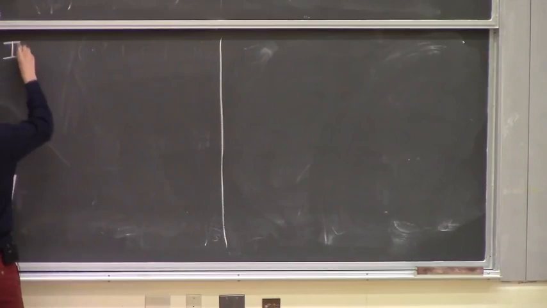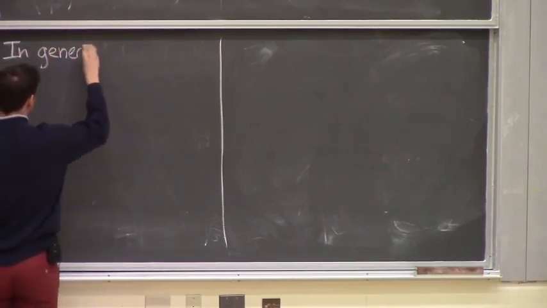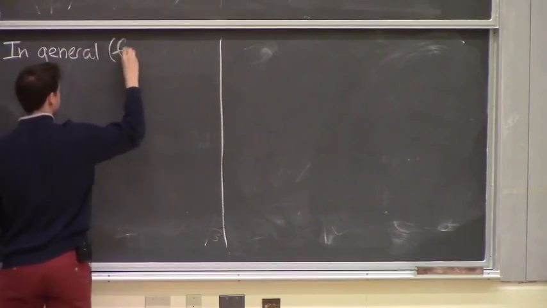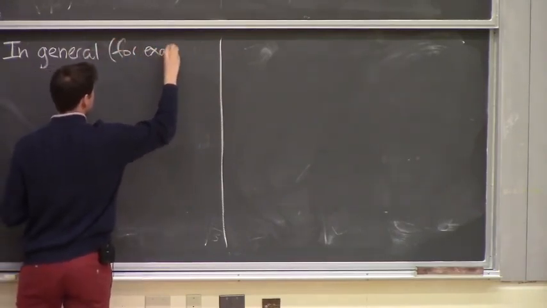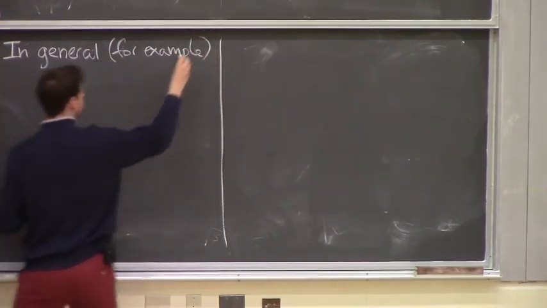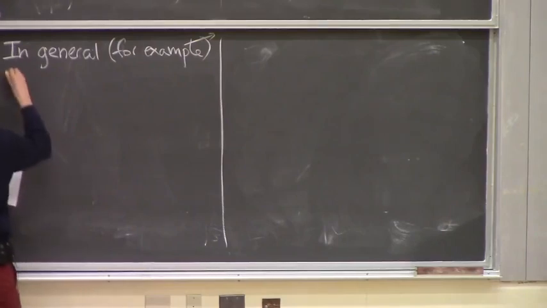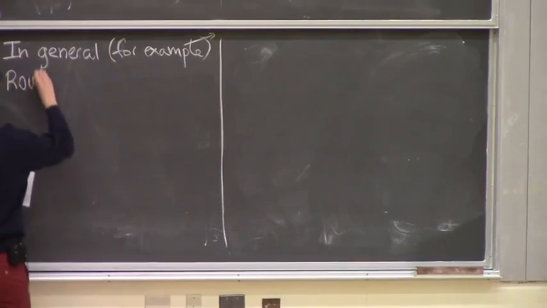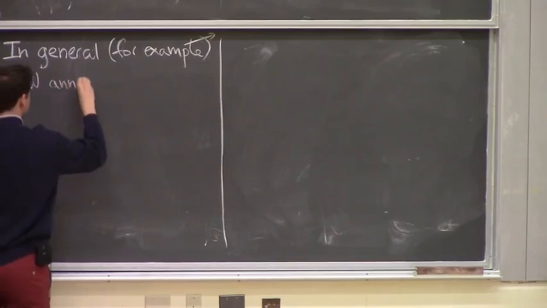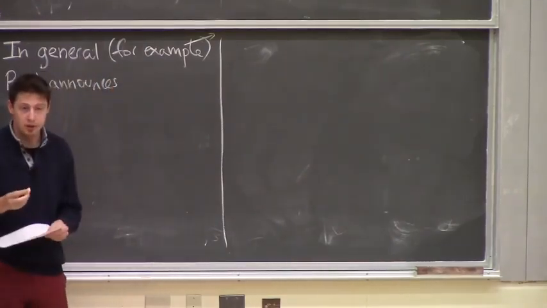So in general, for this example, and we'll see in a moment for all games, what we have is that the row player announces some magical strategy that we don't know.